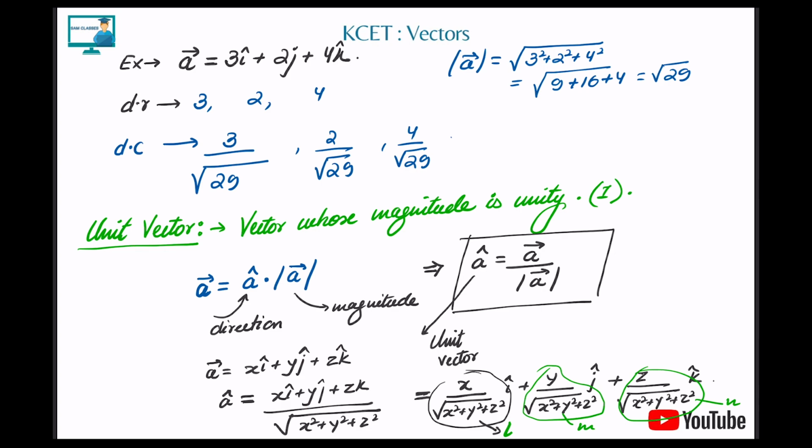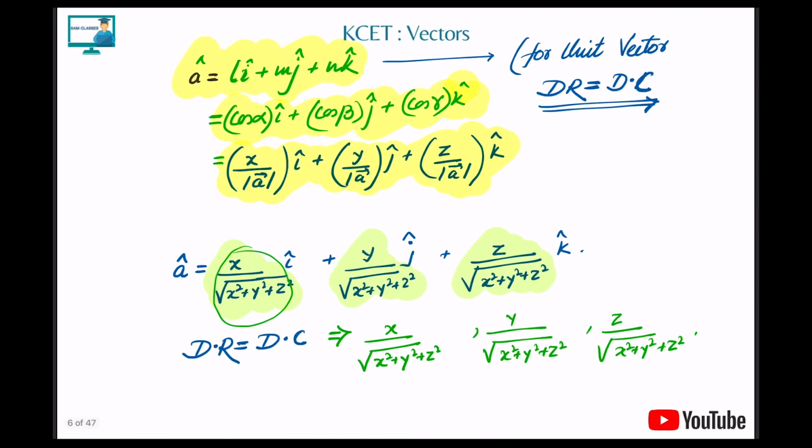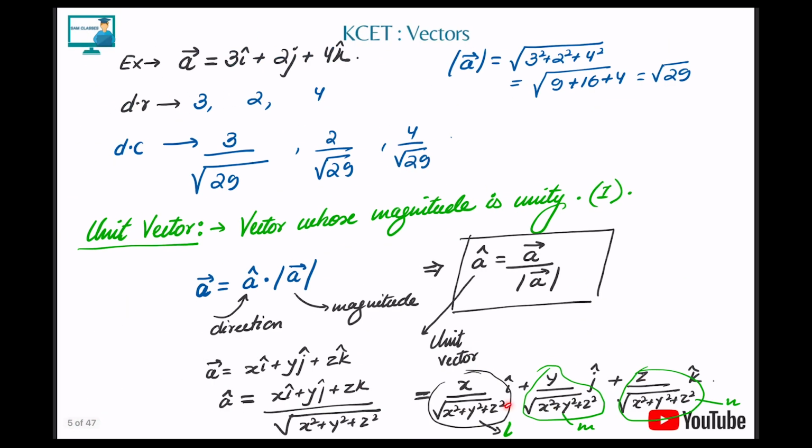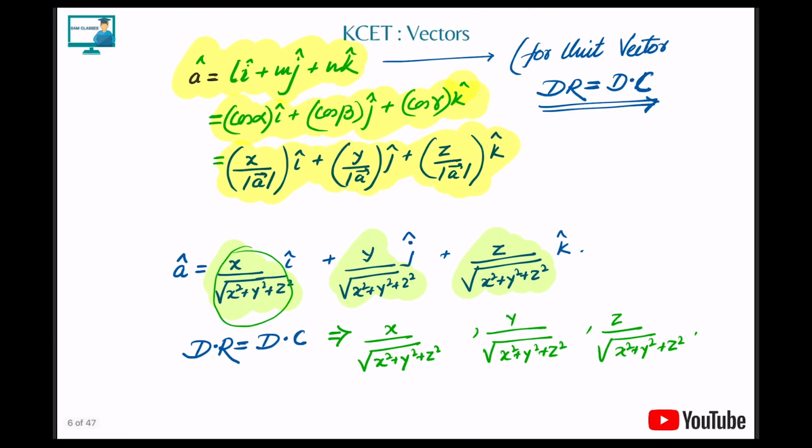Correct? Simple. So what you'll get? You just now wrote x by the magnitude. Each of these is the direction cosines l, m, n. We got it. So that can also be written as cos alpha, cos beta, cos gamma. Correct? And that can also be written as x by magnitude of a vector, plus y by magnitude of a vector, plus z by magnitude of a vector.